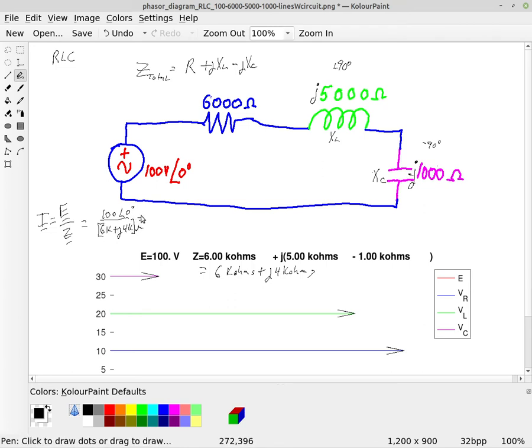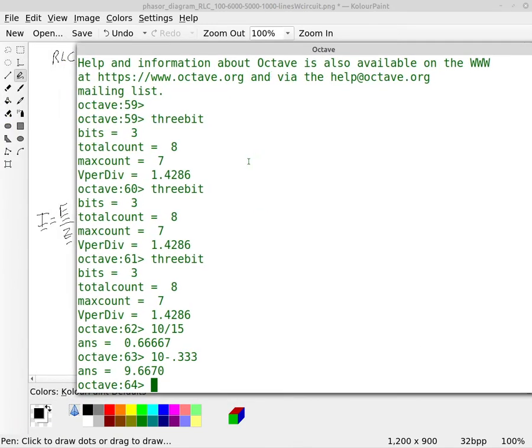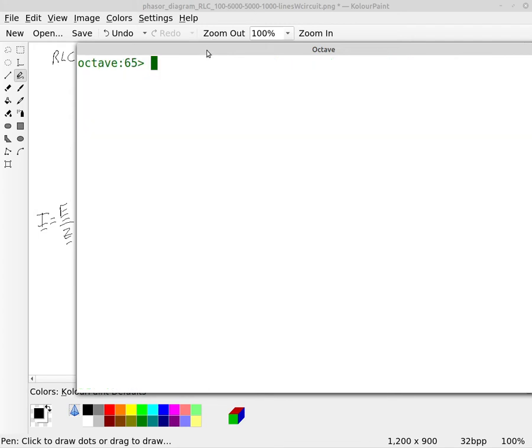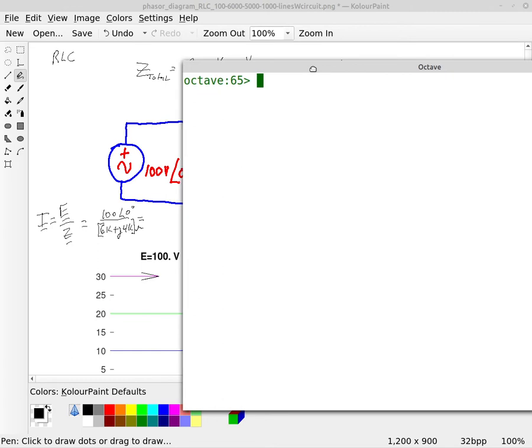And if we punch that into our calculator, I'm going to use the Octave software here. Clear my screen. So we have 100, since it's angle 0 we don't have to worry about the angle, divided by parentheses 6.